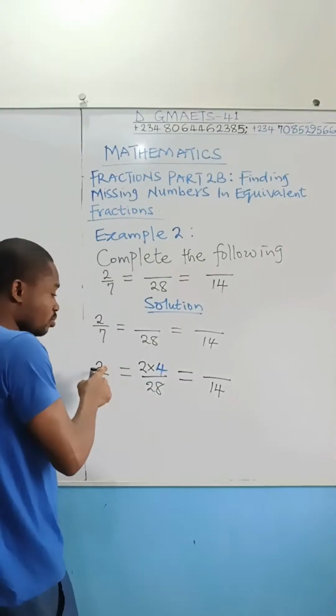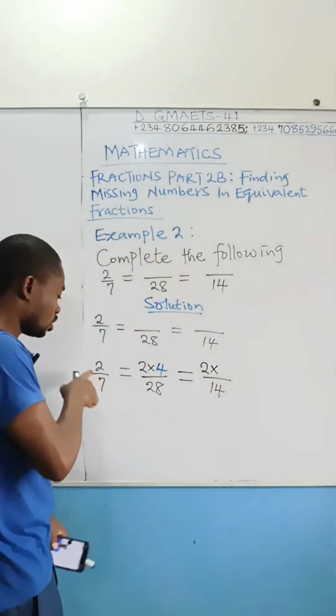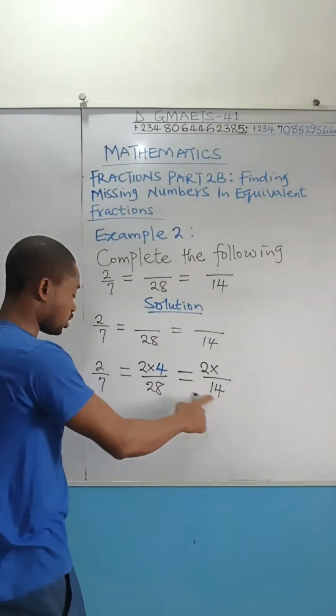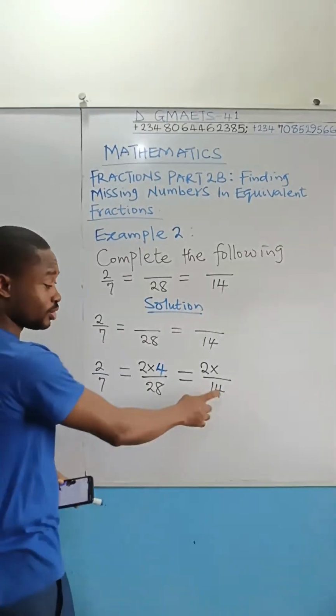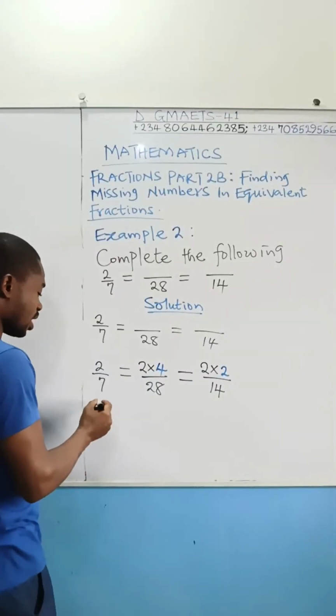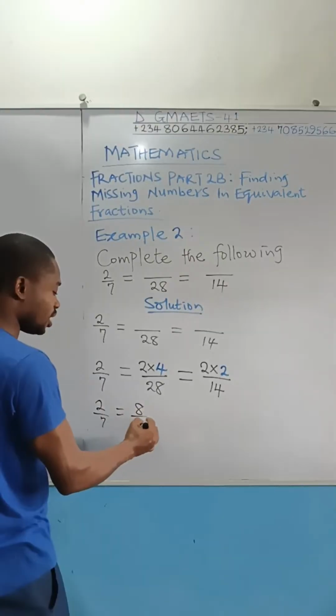So I will come to this numerator because we are looking for the numerator here: 2 times 2. This 2 is the one we obtained when we divided 14 by 7, or when we multiplied 7 by something to get 14. That is 2 actually.